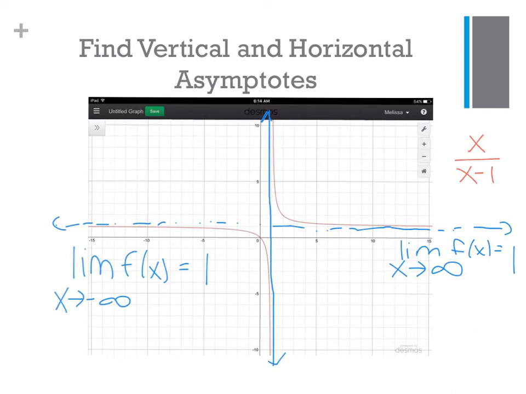Again, we could confirm this in a table of values. Like I said on the last slide, you can let x approach positive infinity or negative infinity by letting x get super big in your table, or super big negatively, and you can see that your y coordinate is going to be approximately 1.